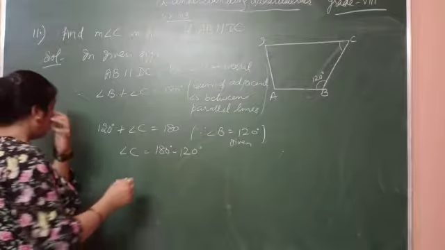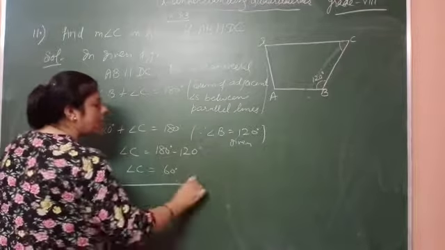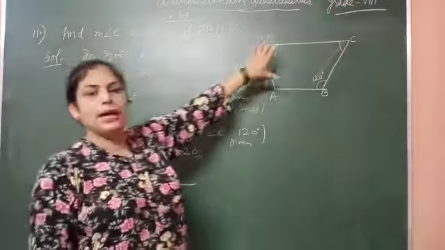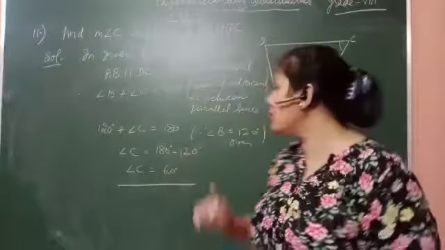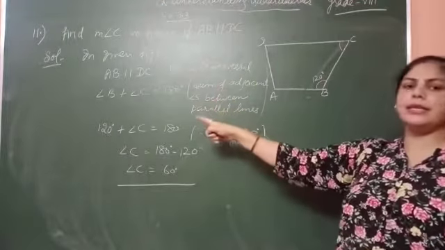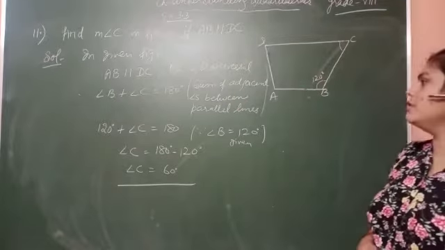So 180 minus 120 is 60 degree. Angle C की value क्या आ गई आपके पास, 60 degree. Now you have the parallel pair; in a parallel pair, the sum of adjacent angles is 180 degree. So we apply the adjacent angle sum so that we find angle C.